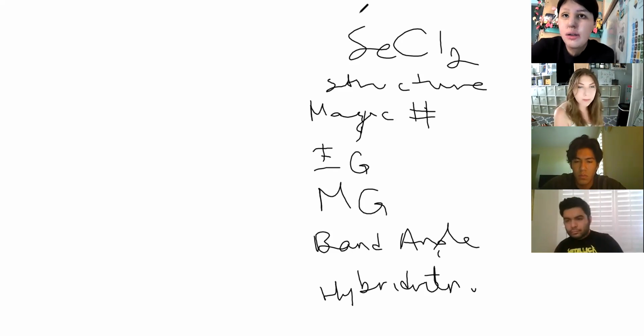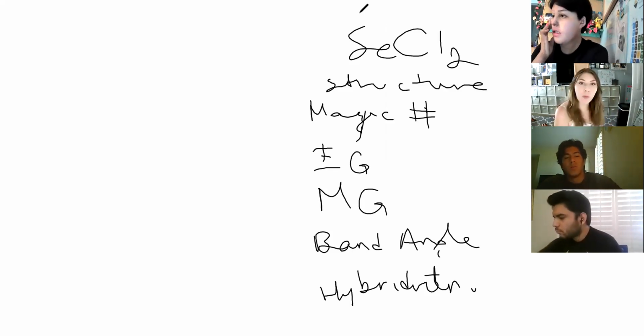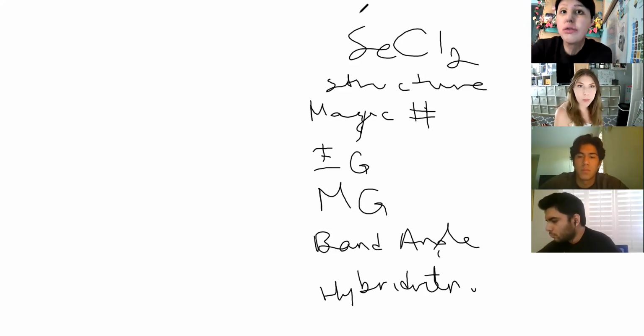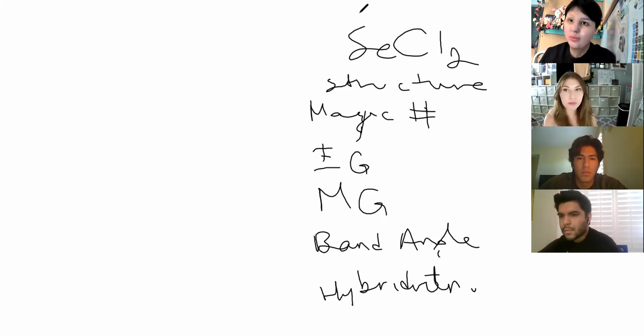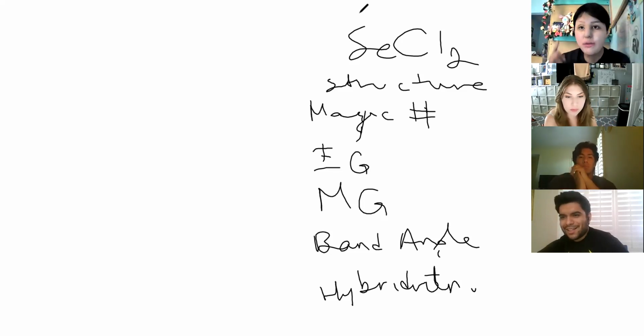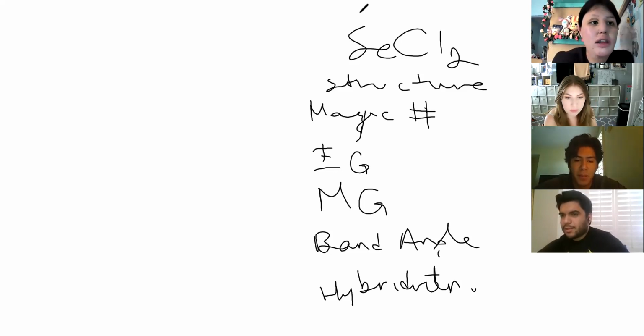Okay, guys, let's try drawing SeCl2. What's the first thing that we need to do when drawing a Lewis structure? Before drawing anything, what's the first thing that we've got to do? Count up all the electrons, exactly.